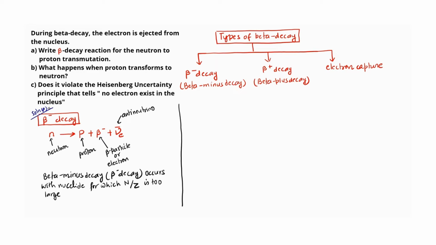So when we are asked to write beta decay reaction for neutron to proton transmutation, neutron to proton transmutation is beta minus decay. So I'm writing over here, neutron to proton transmutation is beta minus decay.